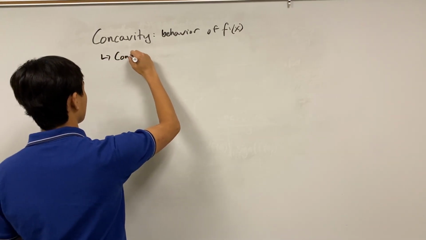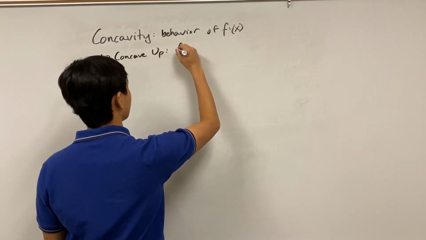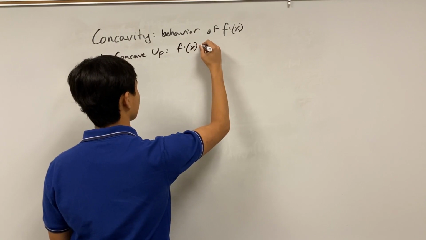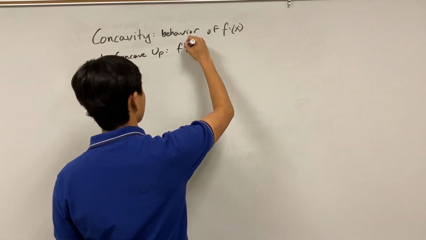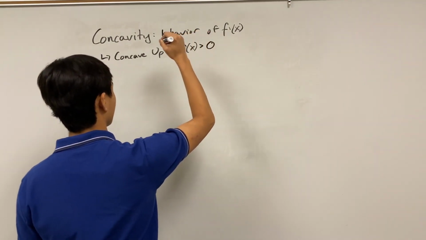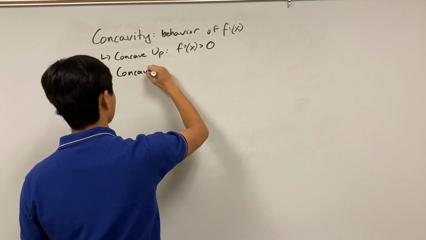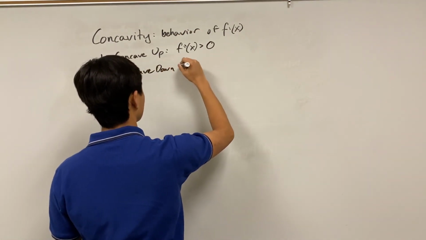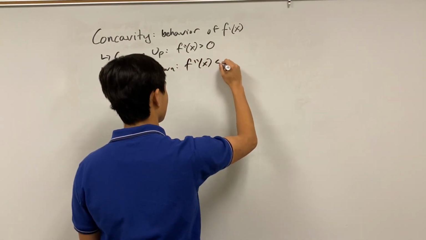Concave up is when f double prime of x is greater than 0. And concave down is when f double prime of x is less than 0.